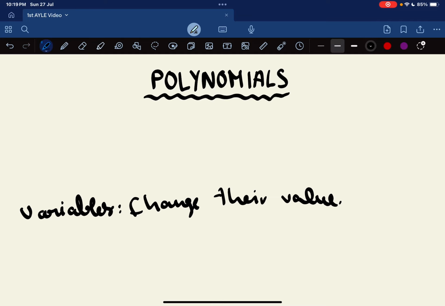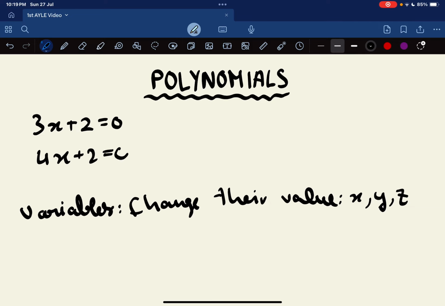Yes, it is something like x, y, z, because you see them in so many equations. But for an equation like 3x plus 2 is equal to 0, x is not going to be the same value as in 4x plus 2 is equal to 0. So here and here, x is going to be a different value. So that's why these keep changing their value, and that is why they're variables. They vary their values.